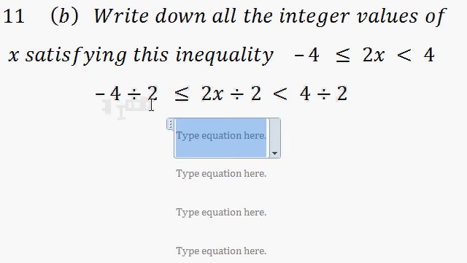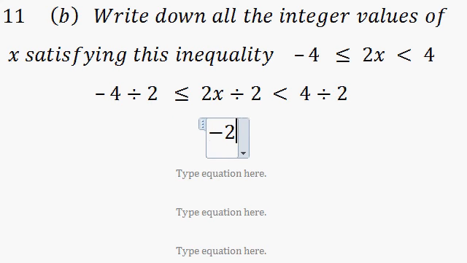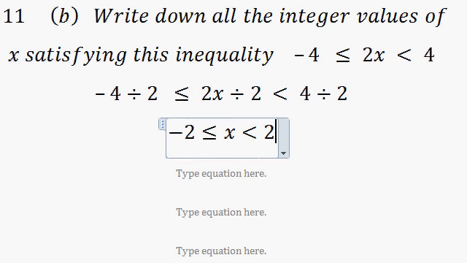Minus 4 divided by 2 becomes minus 2, is less than or equal to 2x divided by 2, which is what we wanted, x by itself, which is less than 4 divided by 2, which is 2. Now we have something that's easier to work with. And if you have a question like this, I recommend that you always try to get it in the form x instead of the form 2x.